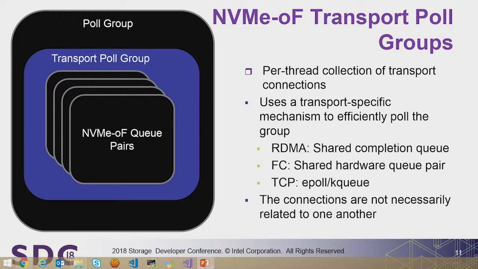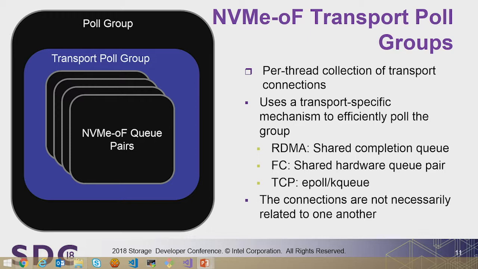This collection of connections is then put into some transport-specific grouping such that we can poll that set efficiently for new I/O. The actual implementation in RDMA is that each connection, which is an RDMA queue pair, is going to share the same completion queue. I'm not really going to talk about Fibre Channel; I don't know enough yet.